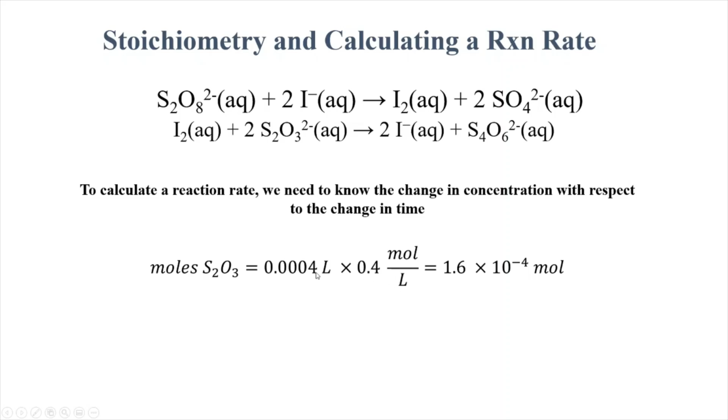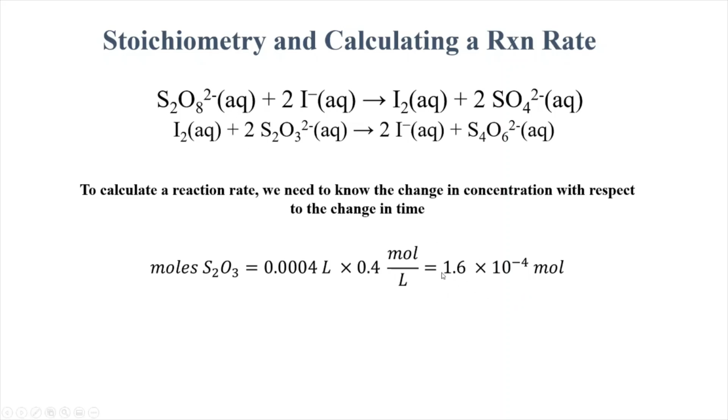So we can multiply the volume times the concentration to get the number of moles, 1.6 times 10 to the minus 4 moles. So what we know is that as the reaction is proceeding, when it turns blue, we've used up all of that 1.6 times 10 to the minus 4 moles, and now the I2 starts to get produced because we don't have anything to get rid of it.